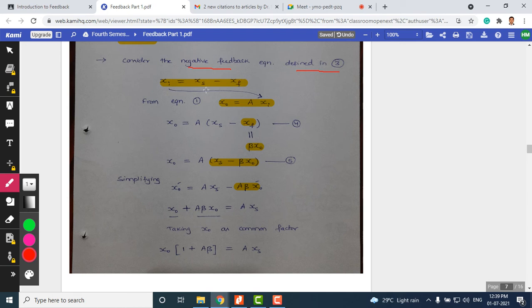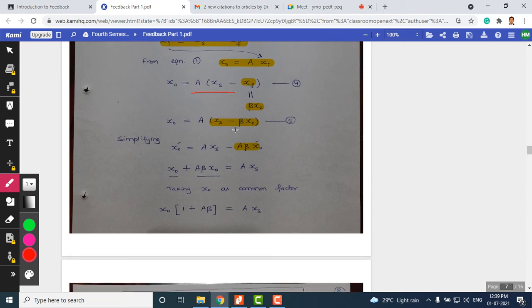This xi can be substituted in our gain equation, which we have shown already: x naught is equal to A times xi. This xi can be substituted here, and the resulting equation is shown here. x naught is equal to A times (xs minus xf), and xf is nothing but the feedback signal, which can be written as beta times x naught.